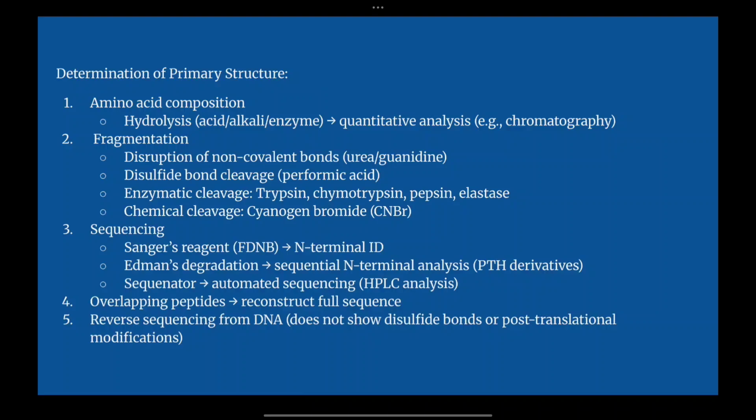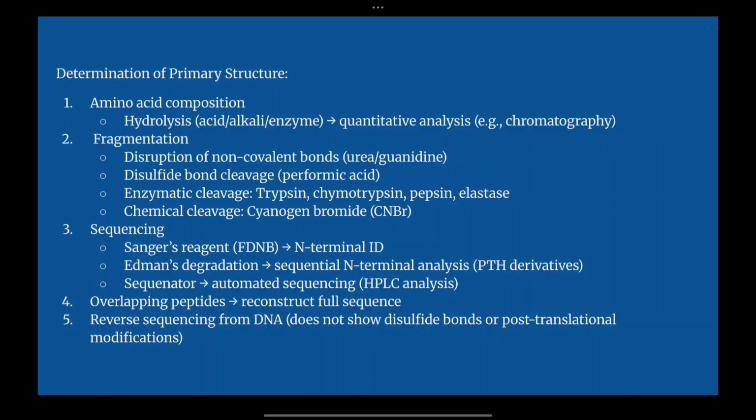The sequenator is an automated sequencing machine or technology used to sequence the primary structure of a protein. Overlapping peptides can reconstruct a full sequence. So if the peptides overlap each other, a reconstruction of the full sequence can be done.